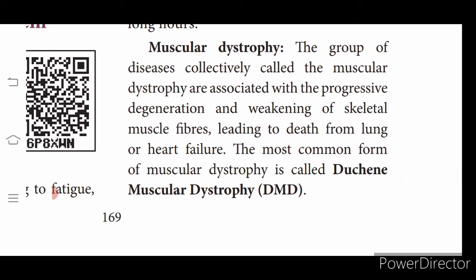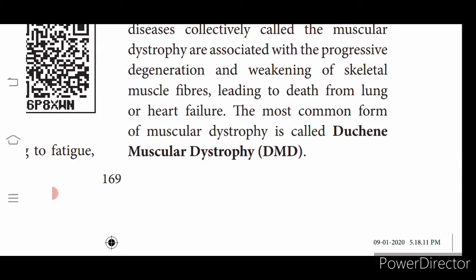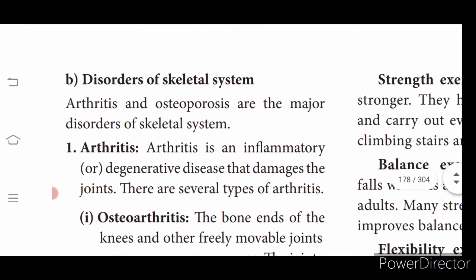Muscular dystrophy: the group of diseases collectively called muscular dystrophy is associated with the progressive degeneration and weakening of the skeletal muscle fibers, which will lead to death from lung and heart failure. The most common muscular dystrophy is Duchenne muscular dystrophy.